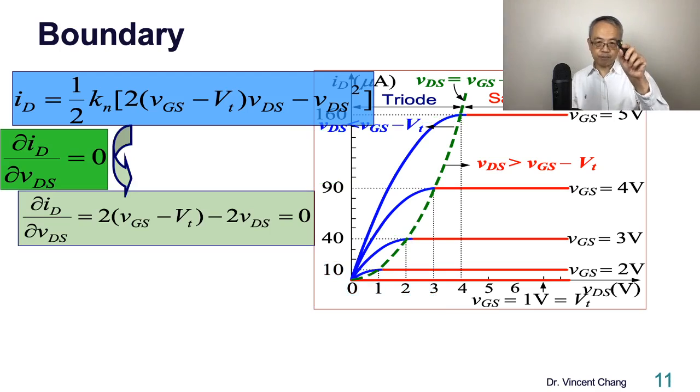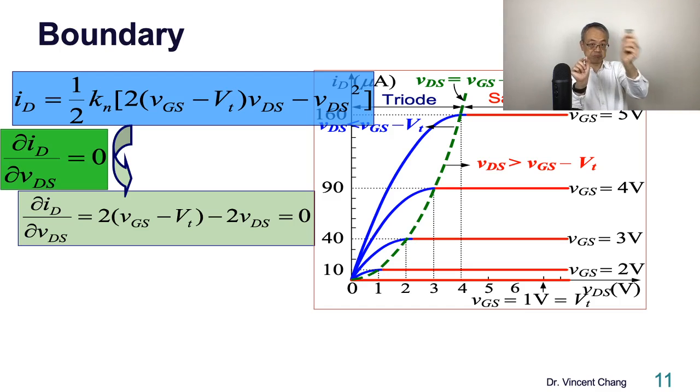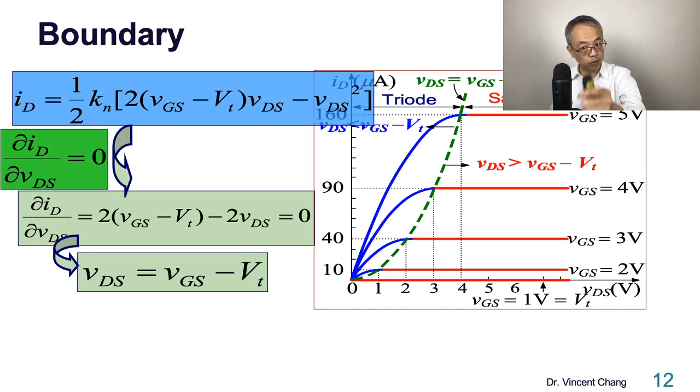Take the derivative with respect to VDS, the 2 cancels out, and the second order term becomes first order. Then you get VDS equals the overdrive, VGS minus VT.